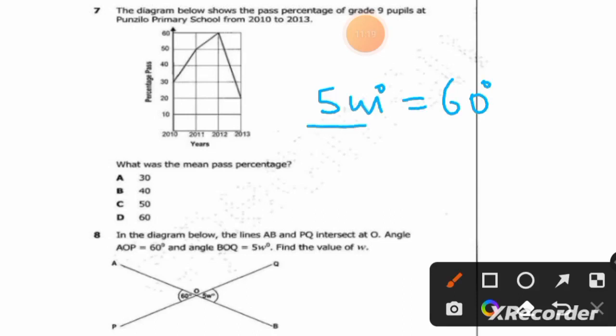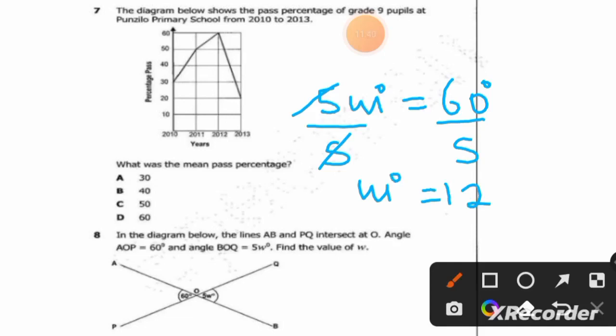So here divide by 5, even here divide by 5. So 5 and 5 will cancel. We are going to remain with W is equal to 60 divided by 5 is equal to 12.